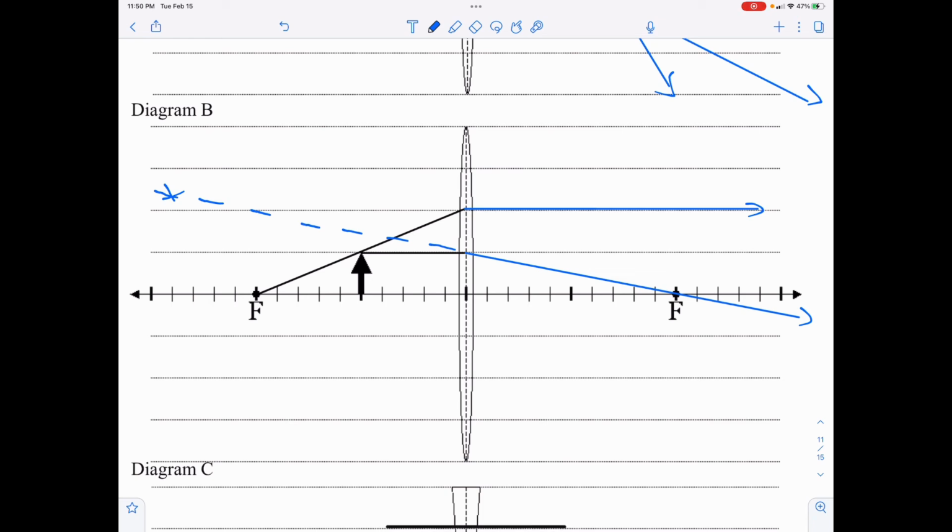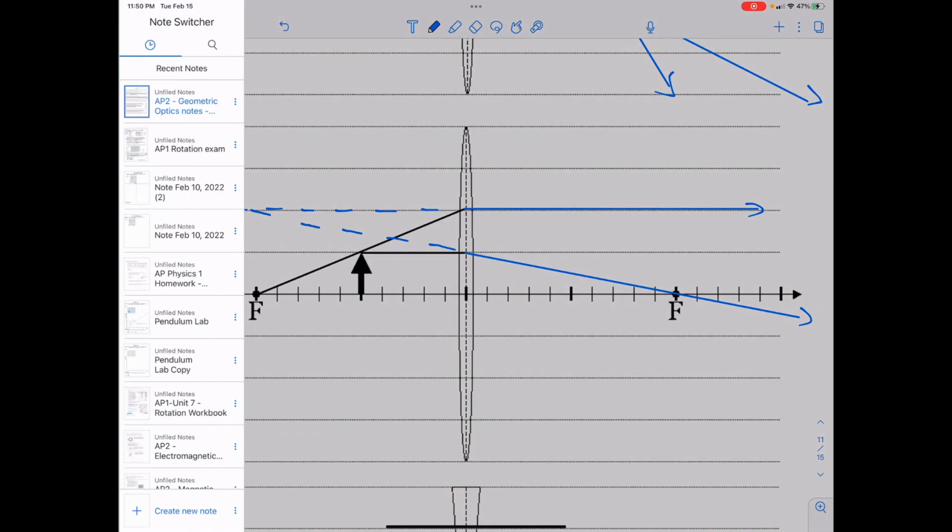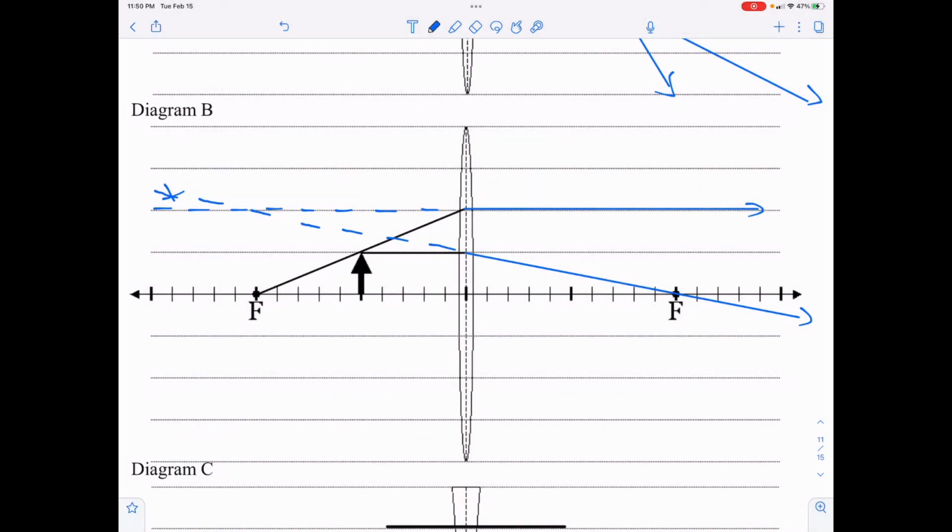There we go. Okay, something like that. There we are. And then the center of the lens. If I back that up right through there, you can see they all go through the exact same spot right there. And so my image is actually formed right here.